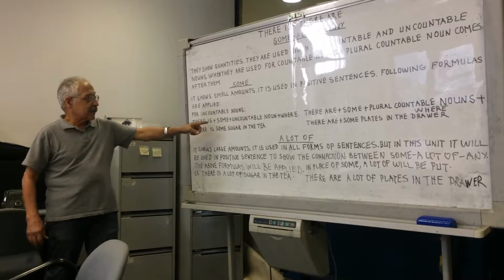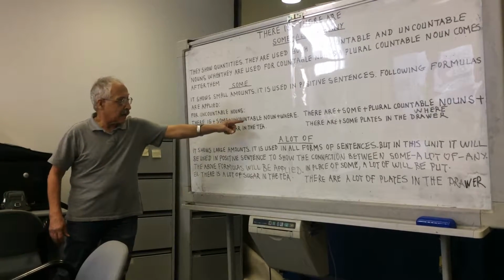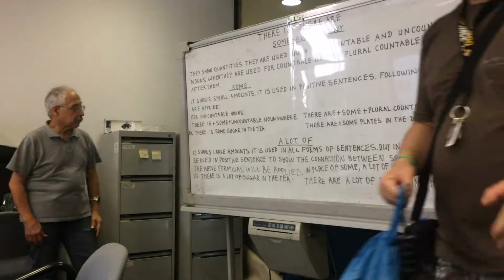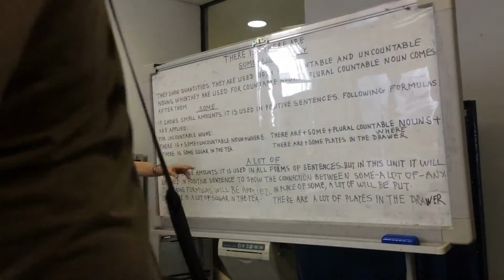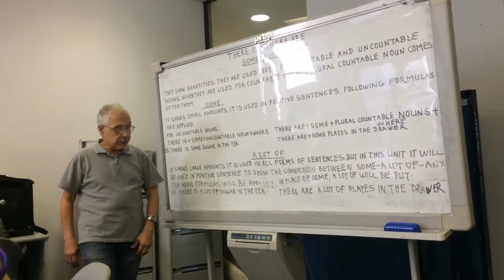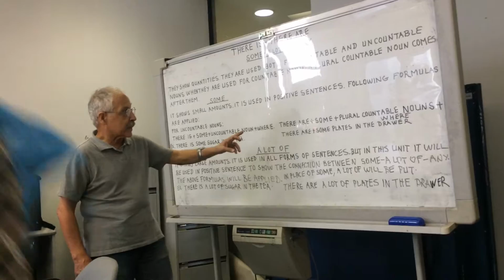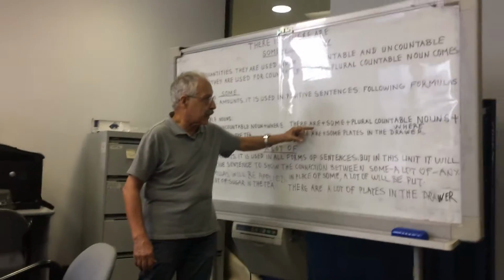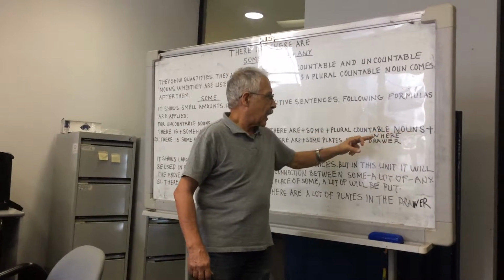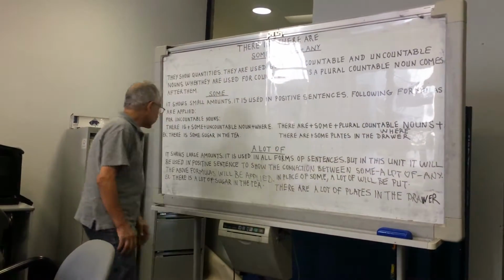There is some, uncountable noun, plus where. And if we use some with the plural countable nouns, we have to start the sentence with there are, then some, plural countable nouns, and where.